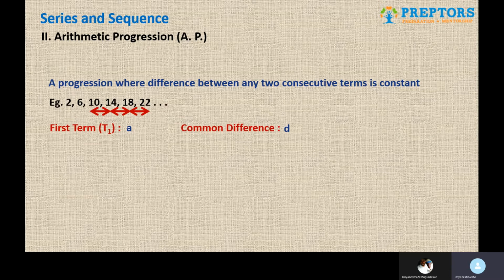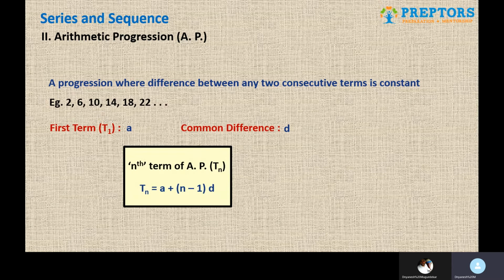So there has to be a formula wherein we can just substitute the values and get the term, which is called the nth term of the arithmetic progression, denoted by Tn. And that Tn is given by a very simple formula: a plus (n minus 1) into d.